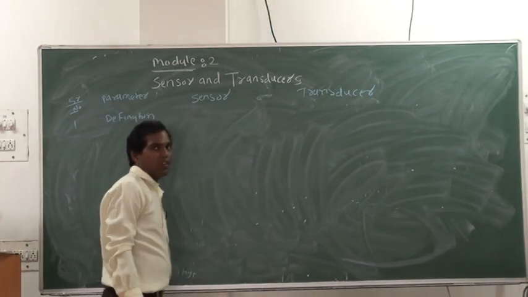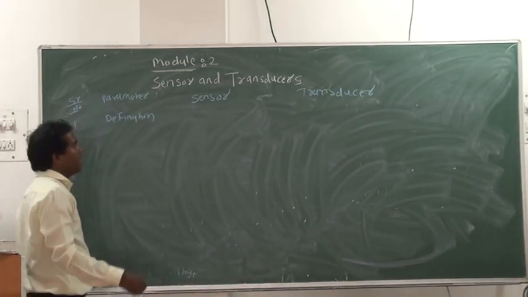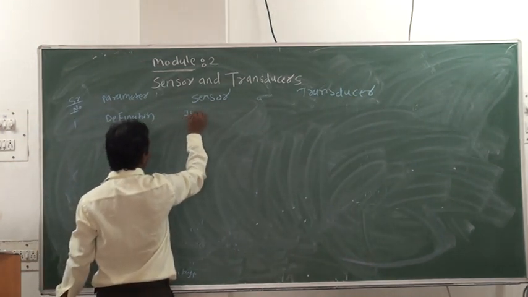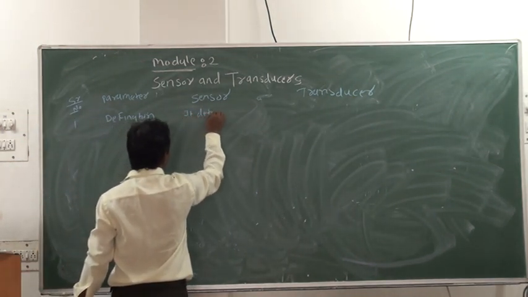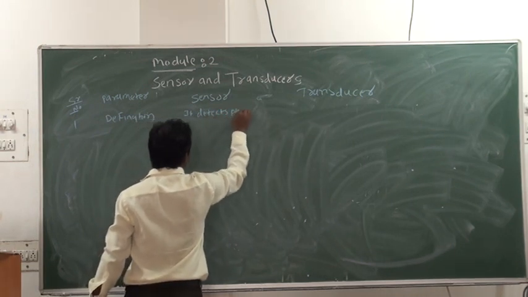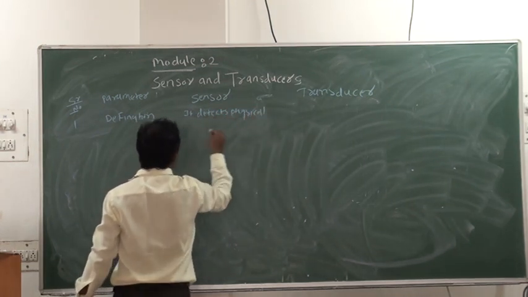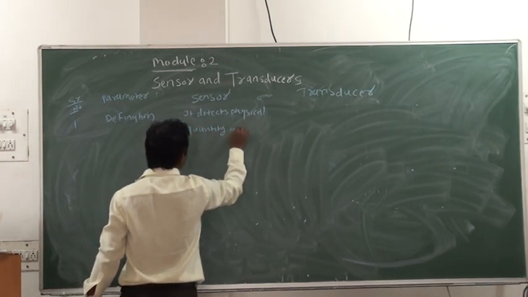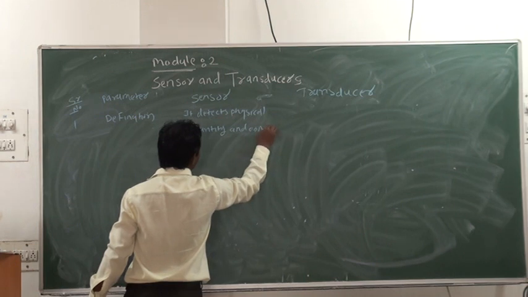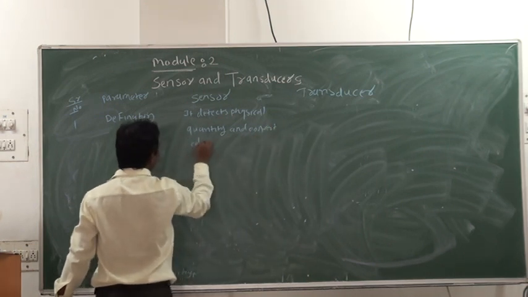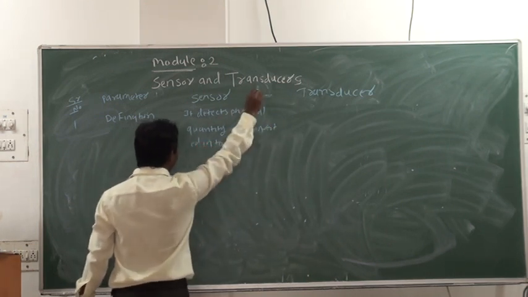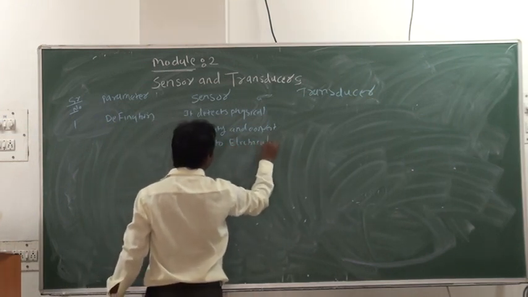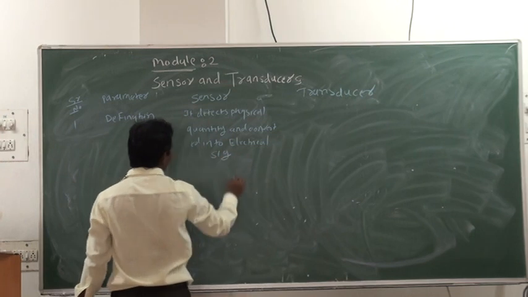Sensors are defined as devices which detect the physical quantity and convert it into electrical quantity. So it detects physical quantity and converts it into electrical signal. That is called a sensor.